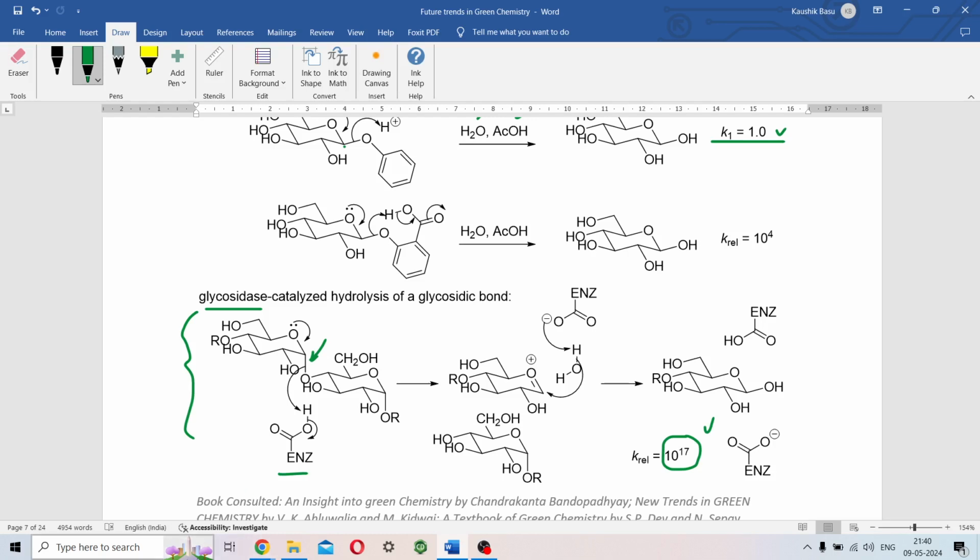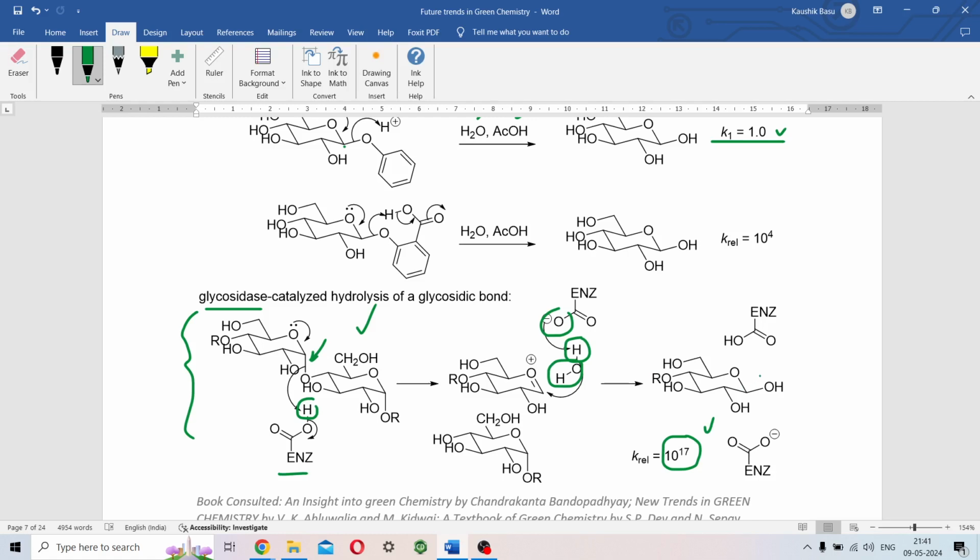Now you know that when this molecule binds to the active site of the glycosidase enzyme, there is a residue which gives the proton, and there is also a residue which deprotonates a water molecule so that this OH can be delivered onto the oxocarbenium ion, so that eventually, after the proton shuttle, I will get my hydrolysis product.